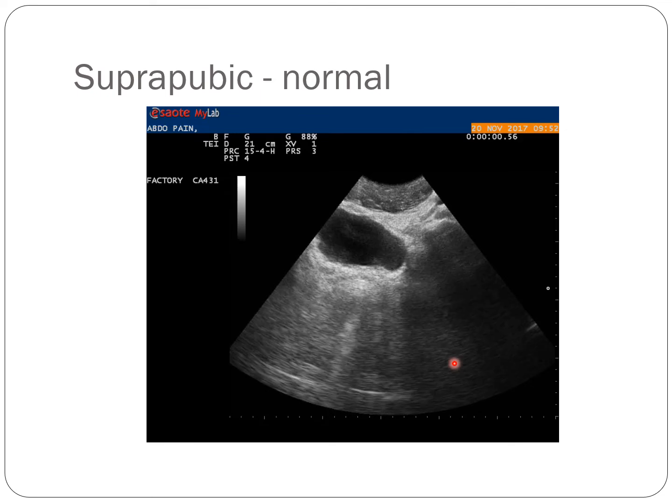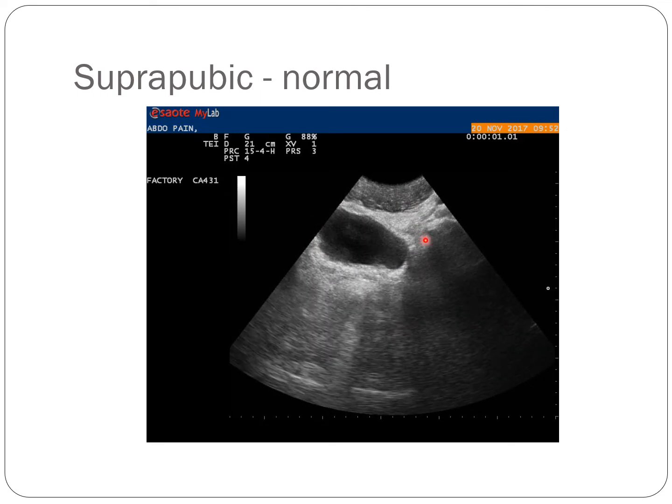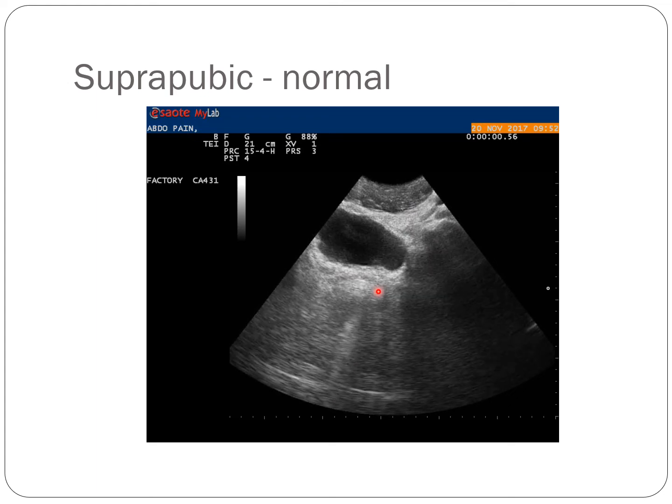Now we're looking at the suprapubic space, and that's normal. So you can see here that would be the bladder, and below is the rectum.